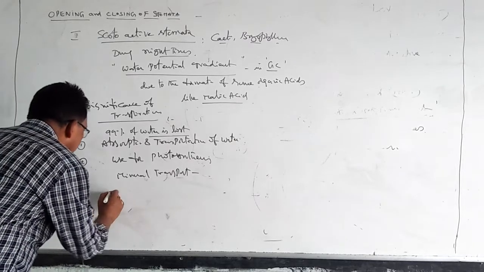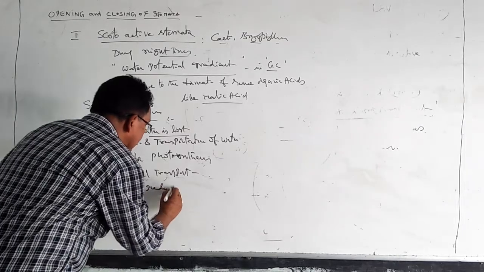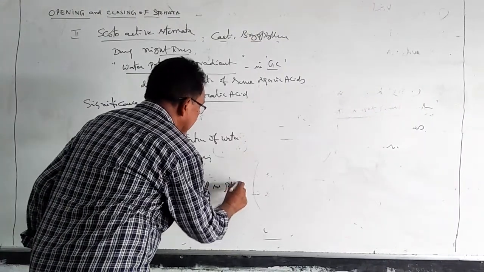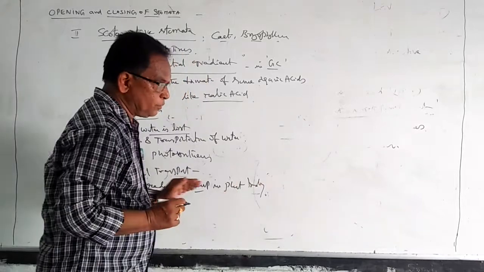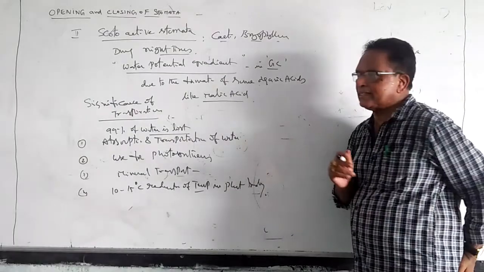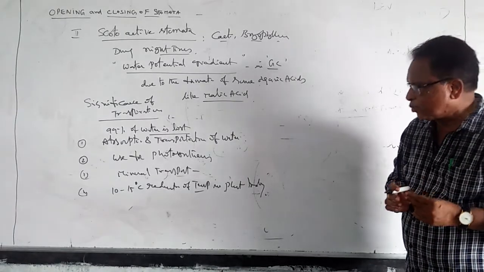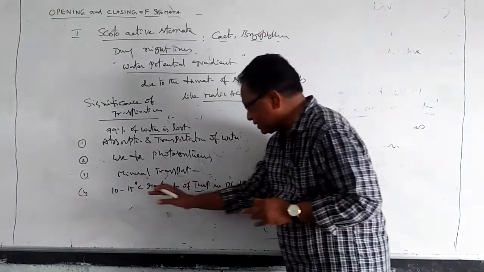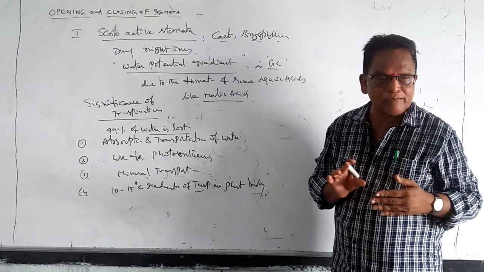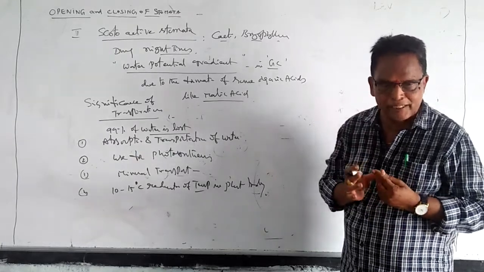Because of this transpiration, there is a 10 to 15 degrees centigrade reduction of temperature in the plant body. This is known as evaporization, and water is evaporated from the plants by transpiration. There is a cooling effect to the plant, and that evaporization is mostly useful for the plant body to maintain its temperature also.